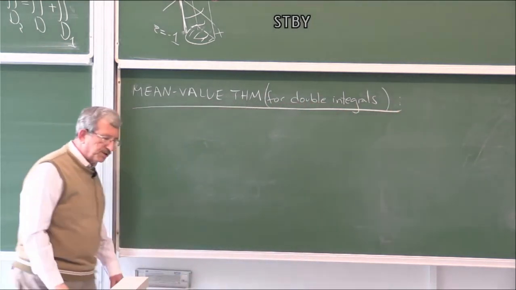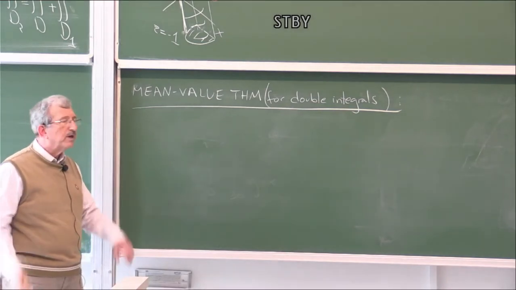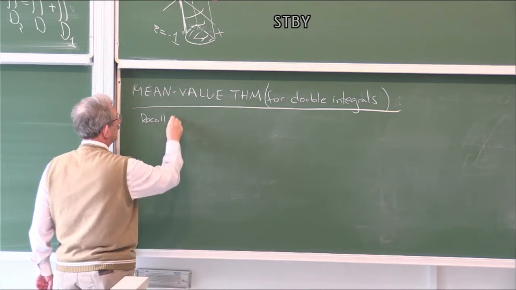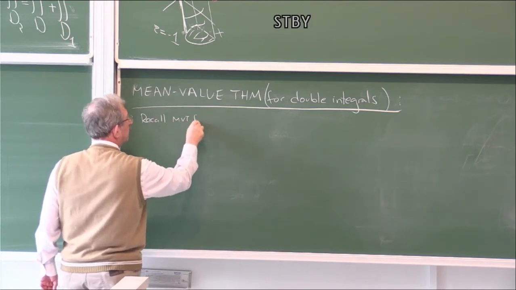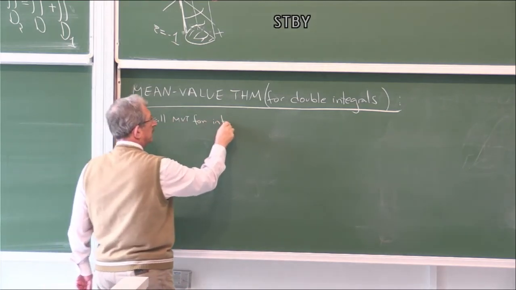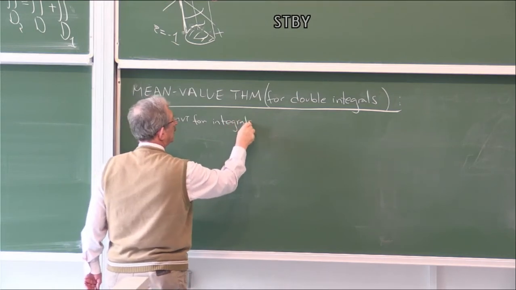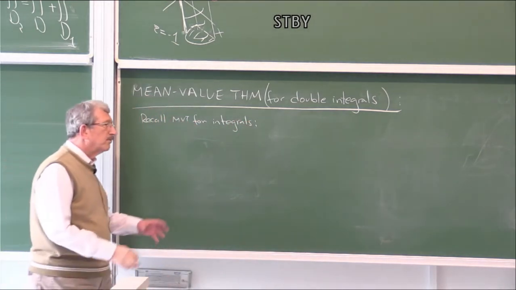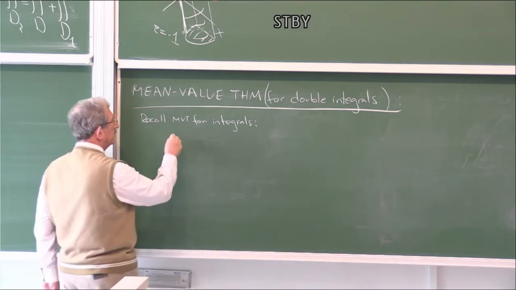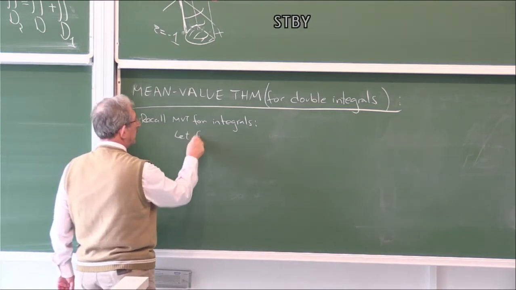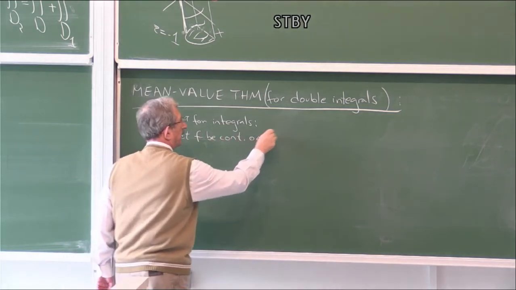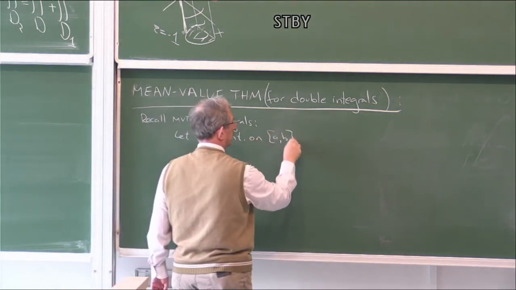Now, to understand what we are talking about, let us recall the mean value theorem for integrals, meaning definite integrals. It was the following. Let f be continuous on [a, b].